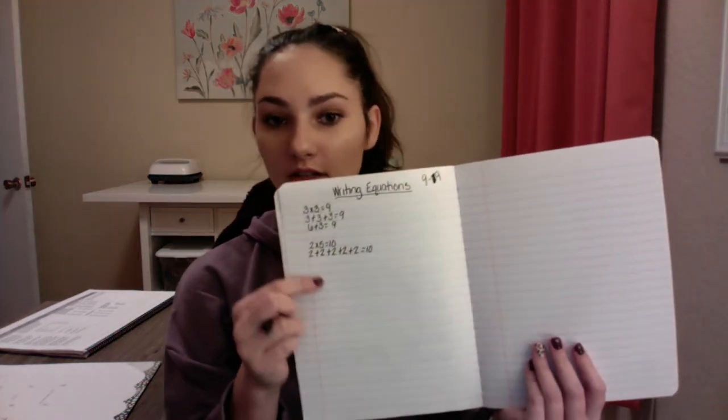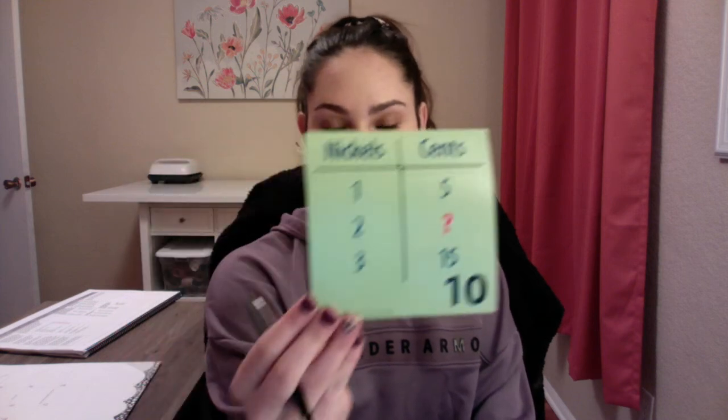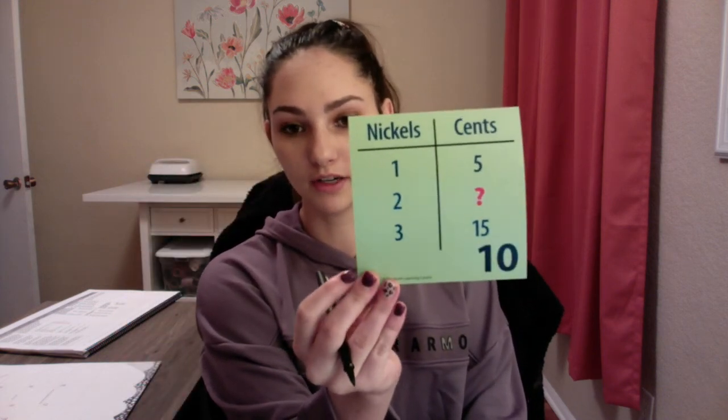I can also do 5 twice, and that would equal 10. So 5 plus 5 equals 10. Okay. So go ahead and look at that. We might have all of the equations, but if you can think of any more, go ahead and write that in your notebook there.